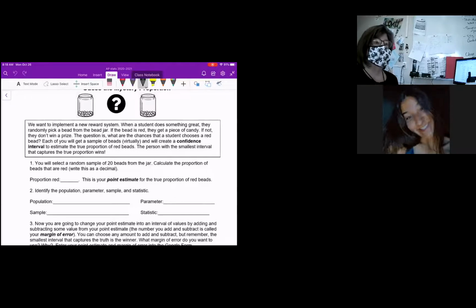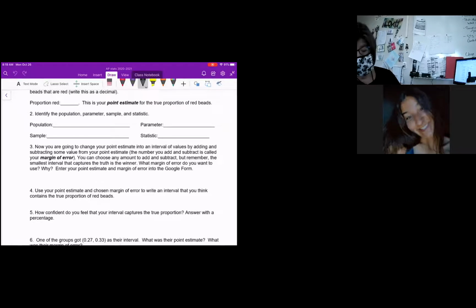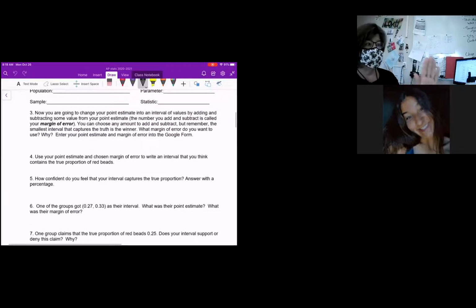So I gave you the amount that were red for you. So this first page, I'm pretty much going to let you do it on your own. The link in the email is for a Google form for your confidence interval. And we can see who gets closest to the actual one.